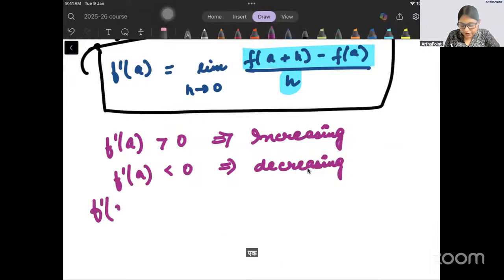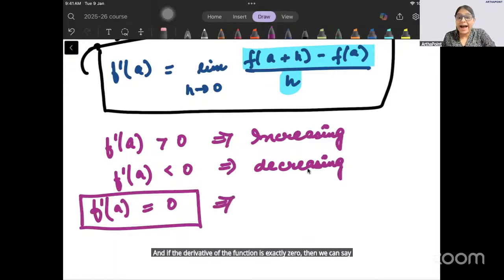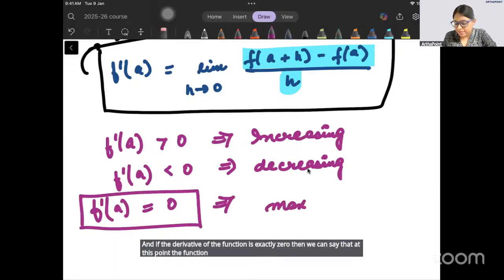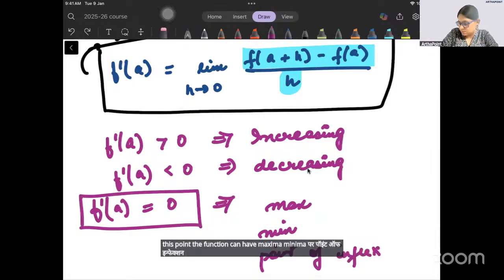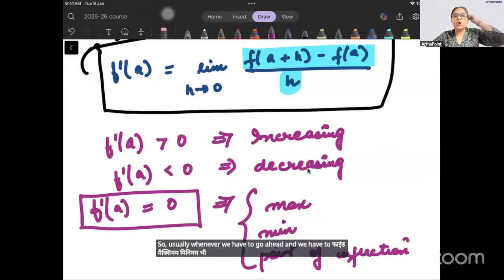And if the derivative of the function is exactly 0, then at this point the function can have maxima, minima, or point of inflection. So usually whenever we have to find maxima or minima, we will find the differentiation. We'll do the derivative of the function and equate it to 0.